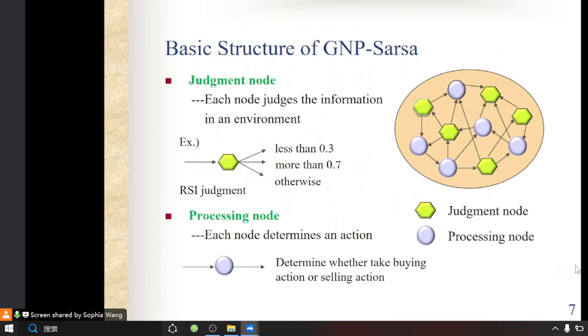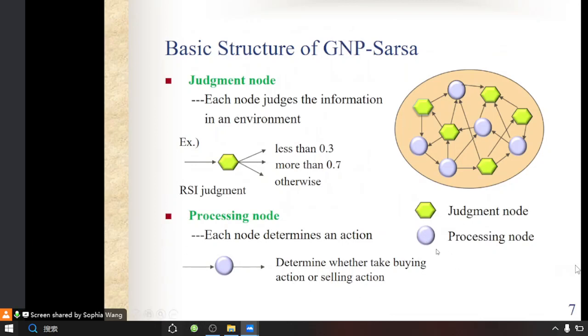Then it can do algorithmic automatic trading. That's why we need the judgment node, because it can get all the information from the outside world, like ROC, RSI, MACD. All this information can be the input in this model.